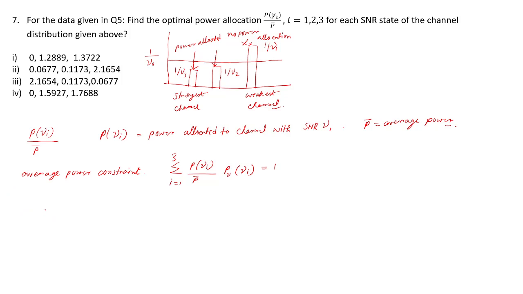And by the way, this is a crucial term, P of gamma I over P bar.